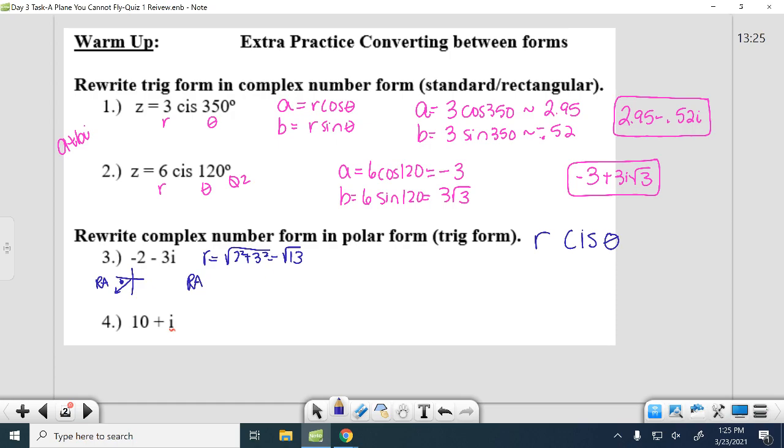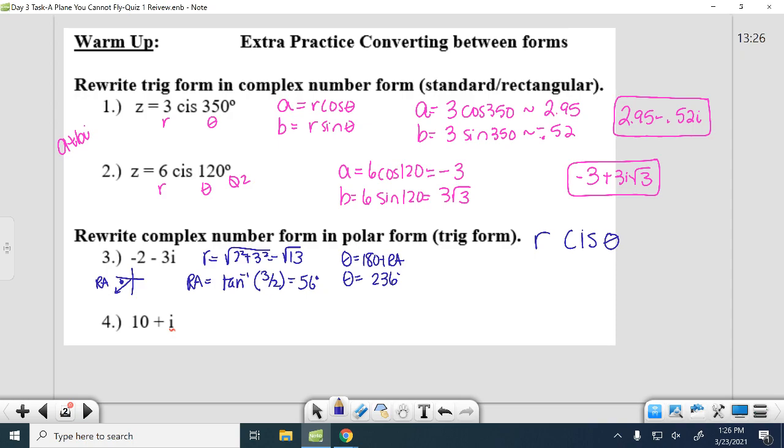So our reference angle, we're going to use tangent inverse of B over A. They're both negative. So a negative over negative is a positive. And when we get the reference angle, we'll use the positive value of 56 degrees. Now remember, theta is in quadrant 3, so I have to do 180 plus the reference angle. So our theta that we're going to use is actually 236.